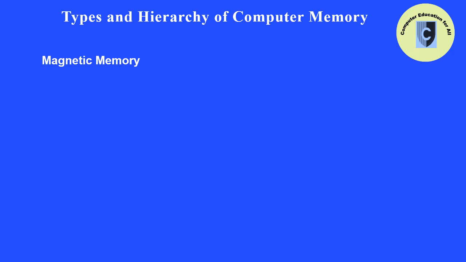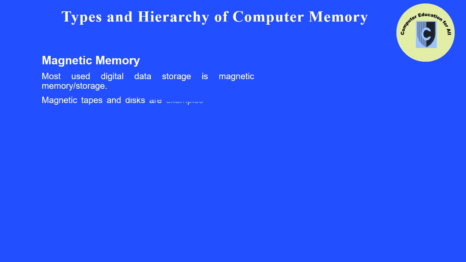Magnetic memory. One of the most widely used types of digital data storage is magnetic memory or storage. This refers to any type of data storage using a magnetized medium. Magnetic tapes and disks are examples of magnetic memory devices.